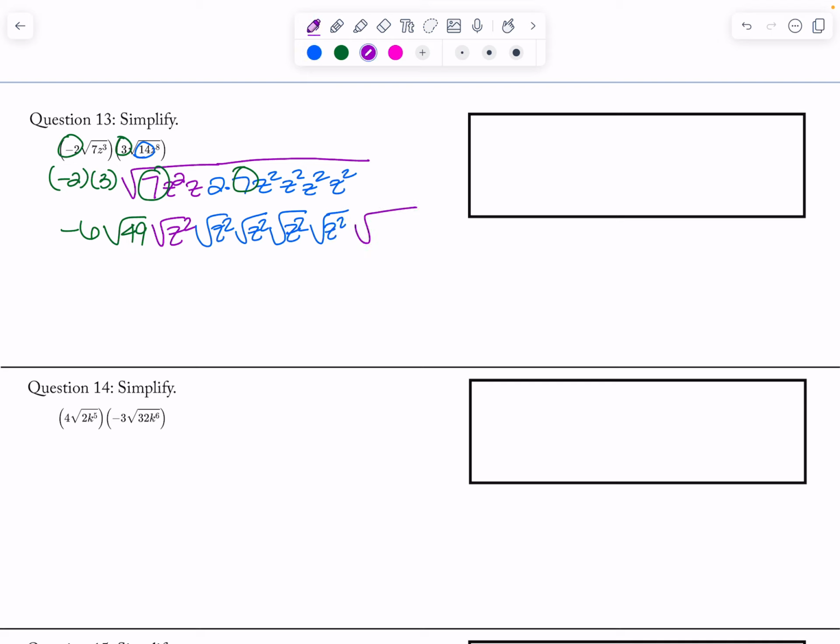I had a 2 and a z. Okay, so now I have a negative 6 and a 7 and 1, 2, 3, 4, 5 z's and a root 2z. So I have negative 42 z to the 5th root 2z.